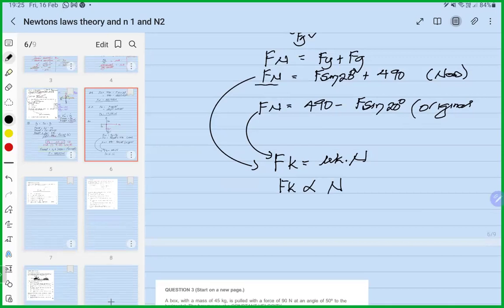You've got a larger normal here because it's 490 plus F sine 20. You've got a smaller normal here because it's 490 minus the same F sine 20.